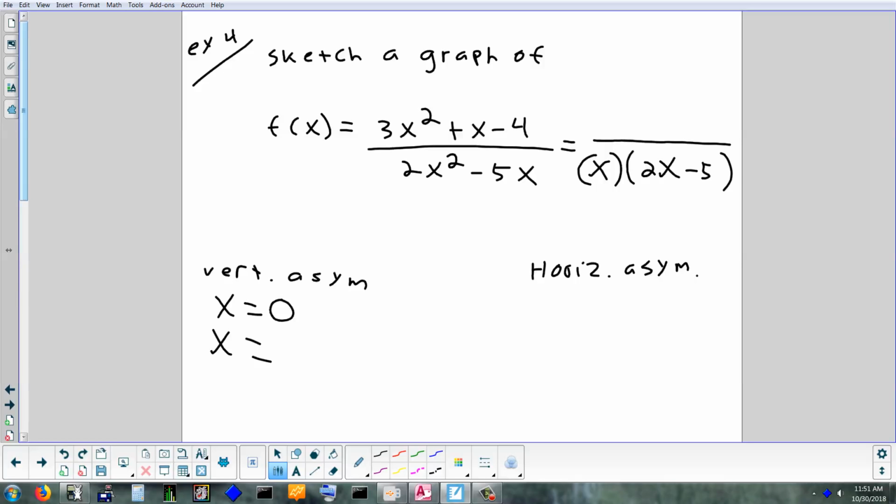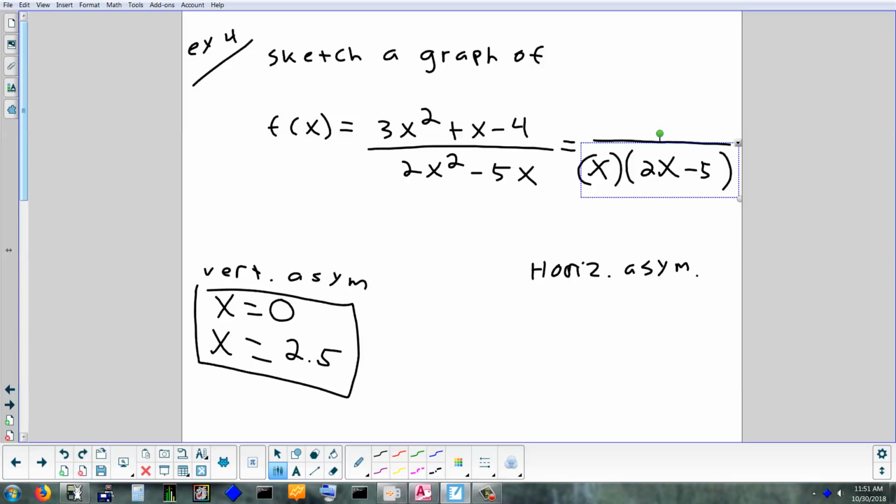Yeah, 2.5. Because if you take 2 times 2.5, that's 5. 5 take away 5 is 0. If you're graphing, it's definitely nice to have decimals. If you wrote 5 halves, that's okay too. So there's your verticals.